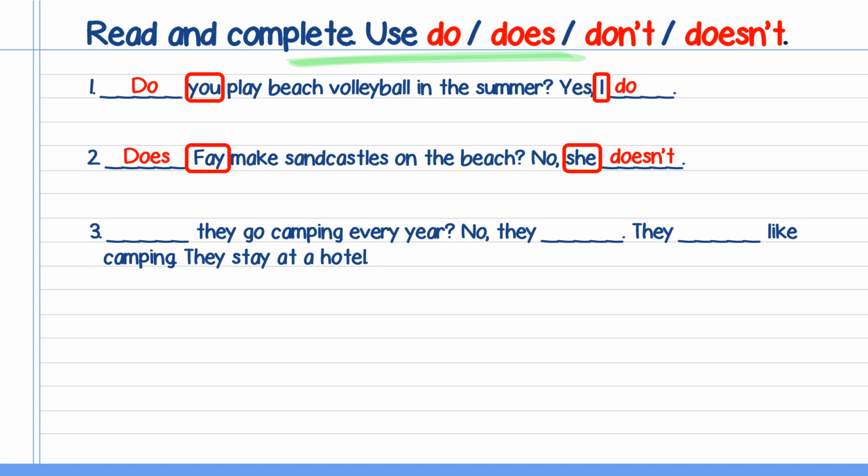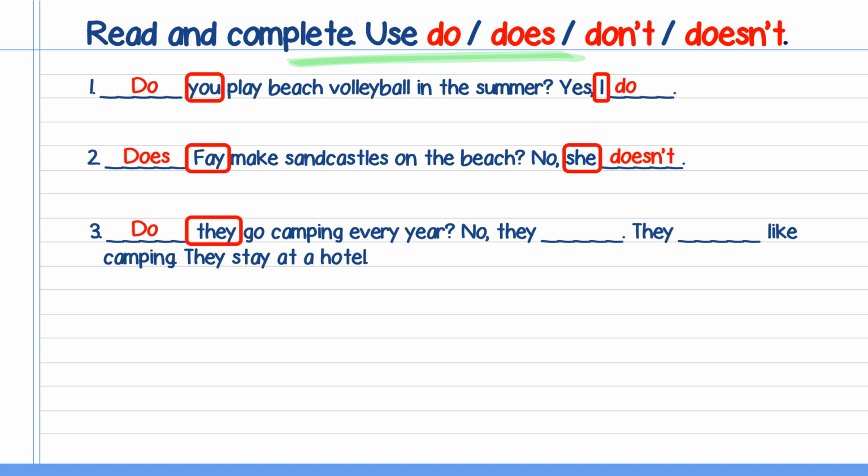The next question. They go camping every year? No, they like camping. They stay at a hotel. Okay, the first keyword here is they. It's a plural subject. So we use do. Do they go camping every year?